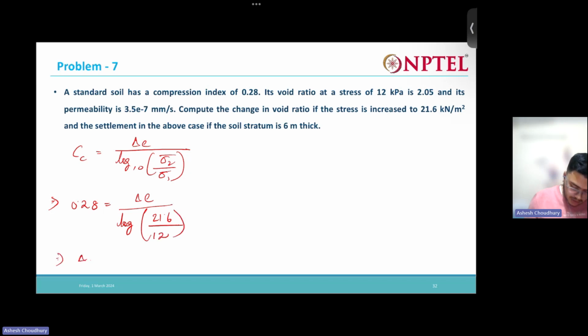From here I can get delta e. Please calculate delta e fast, and after you calculate delta e, the new void ratio will be 2.05 minus delta e, because obviously the void ratio is going to reduce. Please calculate in 2 minutes. Very easy.